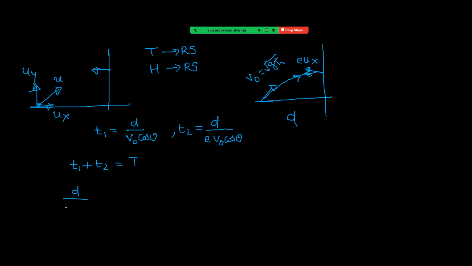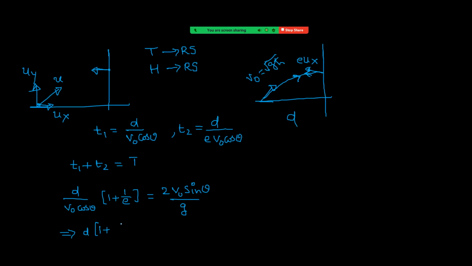See here d upon v naught cos theta times 1 plus 1 by e is equal to time of flight. Time of flight is 2 v naught sin theta upon g.